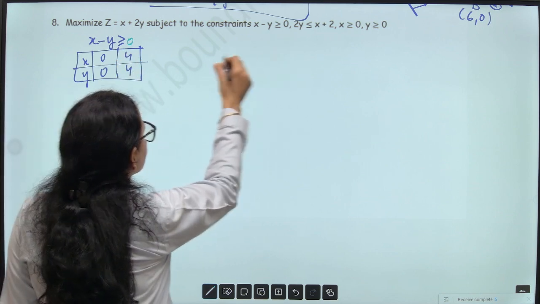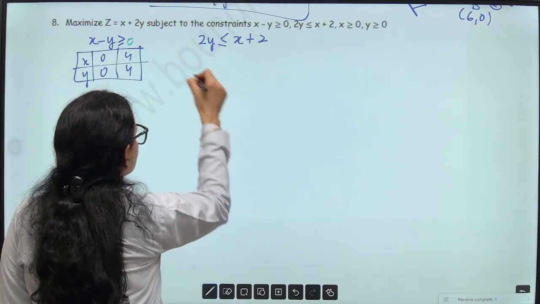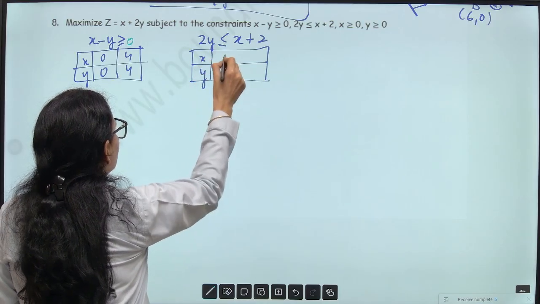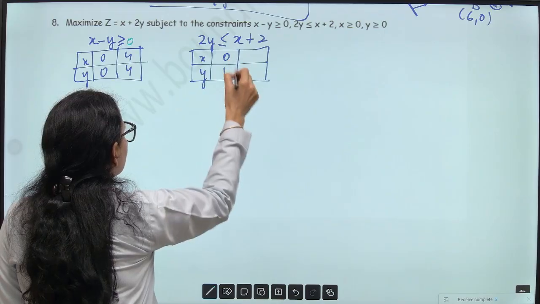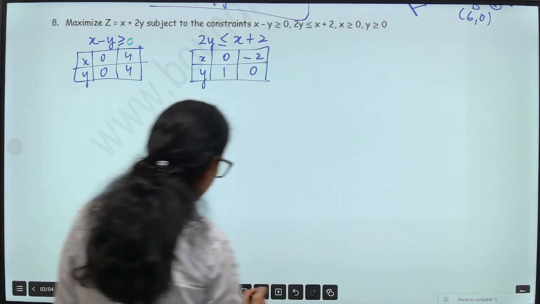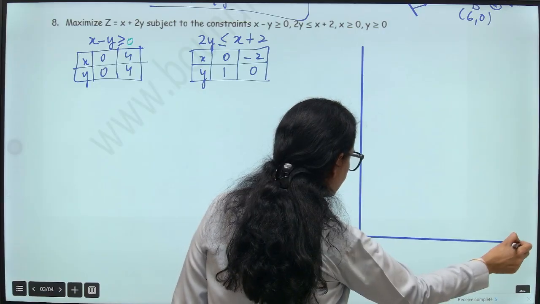Next, the second constraint is 2y is less than or equal to x plus 2. So let's make the table for this inequality also. When x is 0, y is 1, and when y is 0, x is minus 2. It's okay if we have a negative value here. So let's plot the graph for both these inequalities.